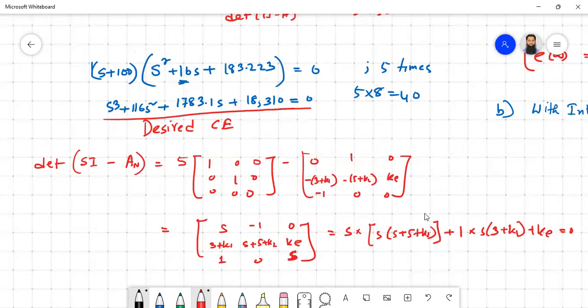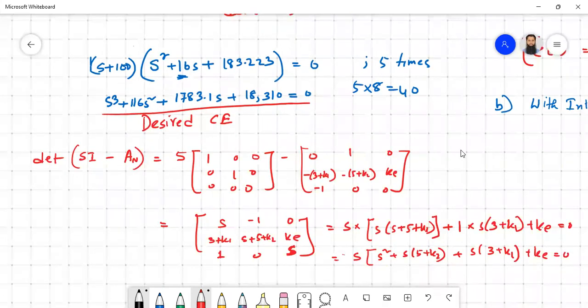So ultimately what we are going to see here is s into s square plus s into 5 plus K2 plus s into 3 plus K1 plus K equal to 0.